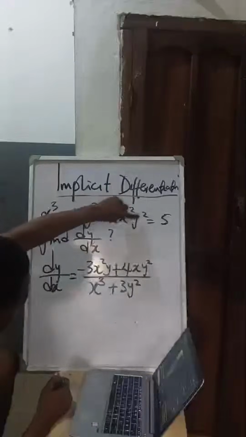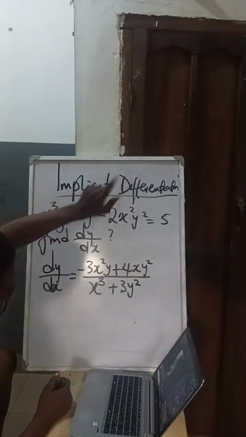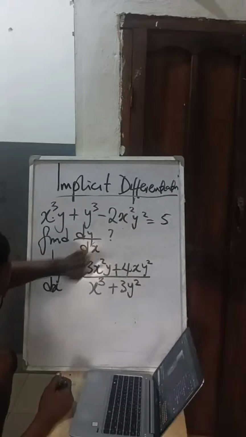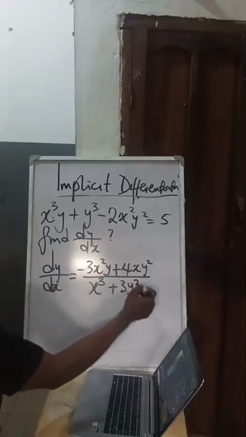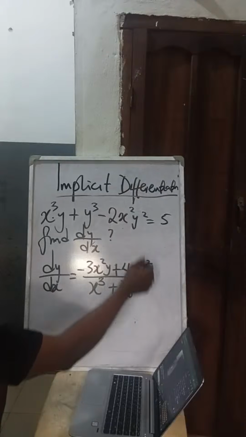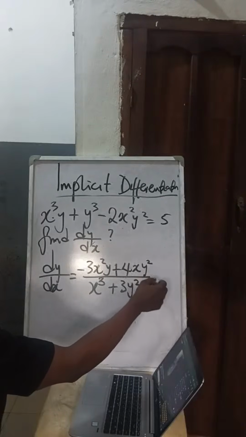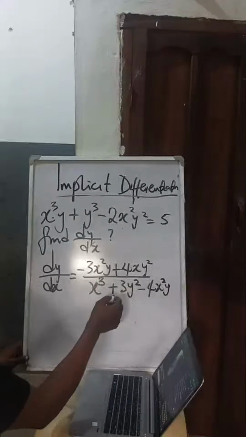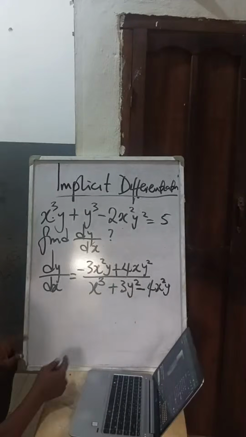We now differentiate y squared, keeping 2x squared constant. All right. And this y squared is supposed to be here. So we retain the minus, right? Minus, differentiate y squared, have 2y, that is 4, okay, x squared y. 4x squared y. All right.